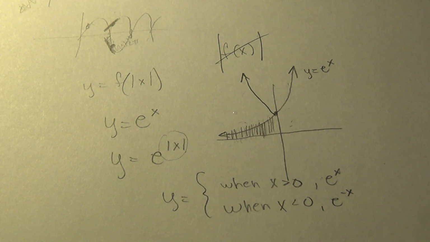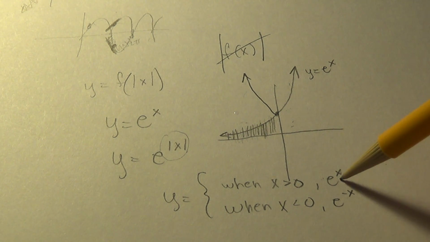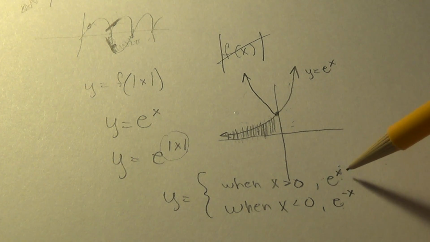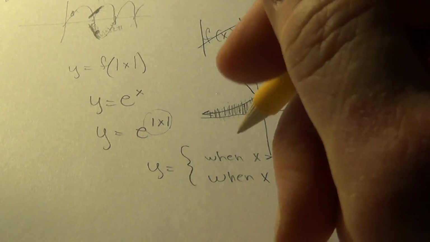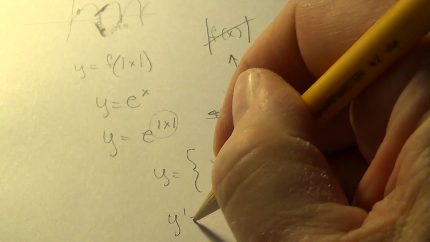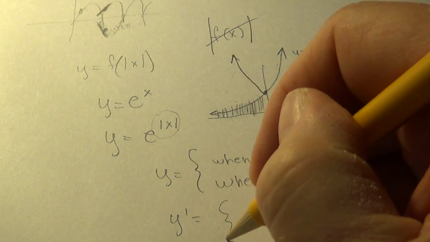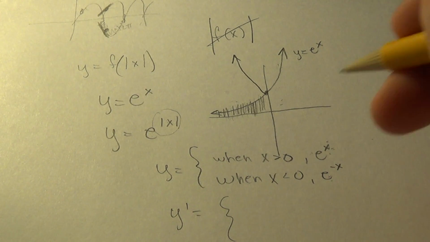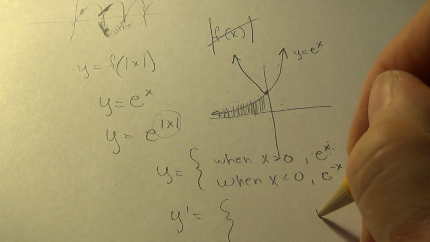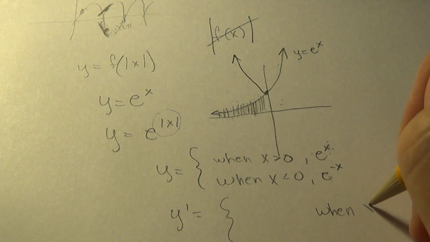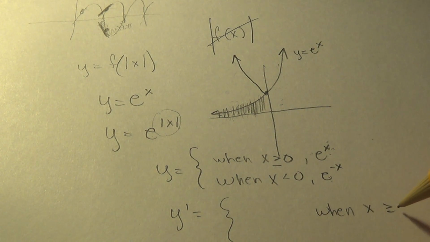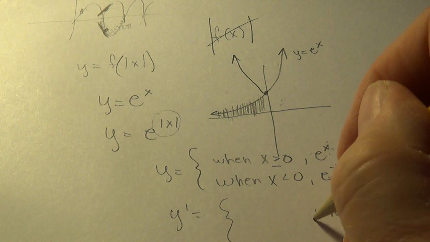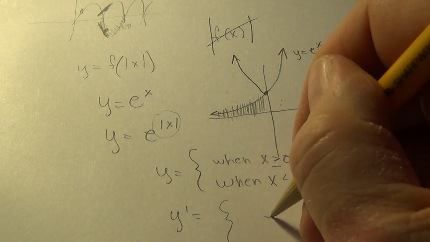All right, so then if I use these pieces, I could find the derivative of that. So let's do y prime now. Y prime is going to be the derivative of that. I'll write it in the normal order. When x is greater than or equal to 0, the derivative of that is just e to the x.